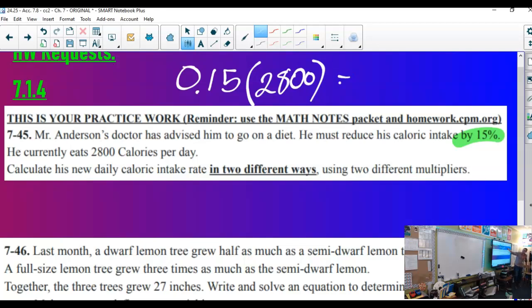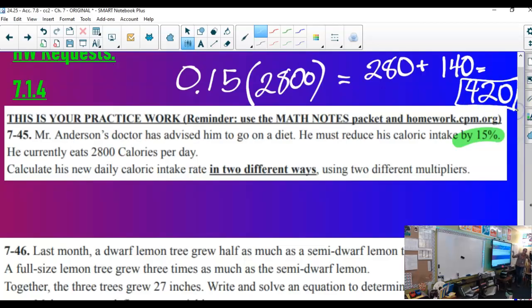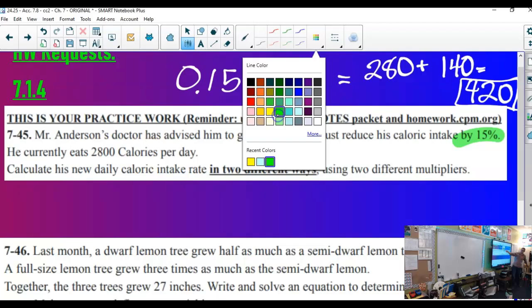So if we could figure this out, hey guys, what's 10% here? 280. What's half of that for 5%? 140. So what is 15%? 420. 420, right? So we could subtract that from 2,800, or the better method we talked about yesterday, the quicker way.